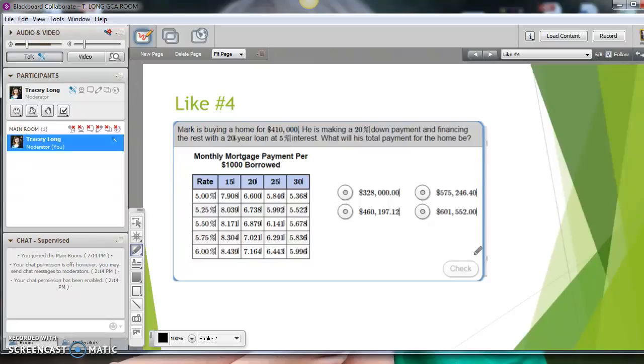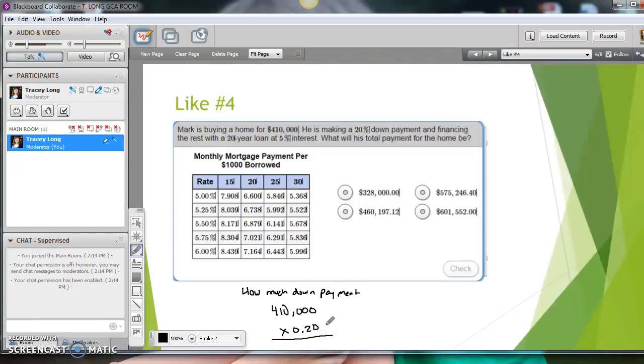First, we need to find out how much he actually borrows. So we're going to do that just like we did the last problem. How much does he borrow? First we're going to find out how much down payment there was. I'm going to take the purchase price of the house, which is $410,000, and multiply that times 0.2 because he paid 20% down.